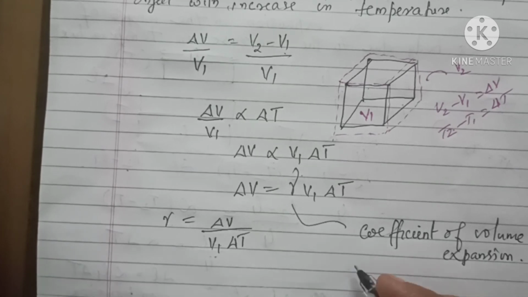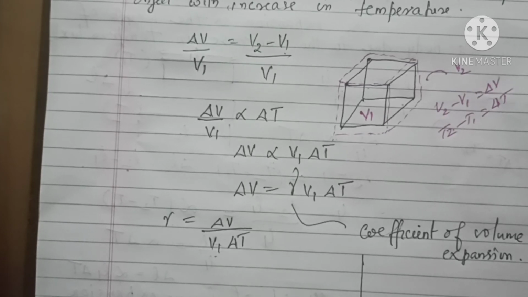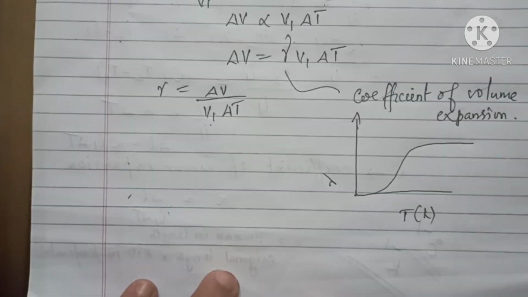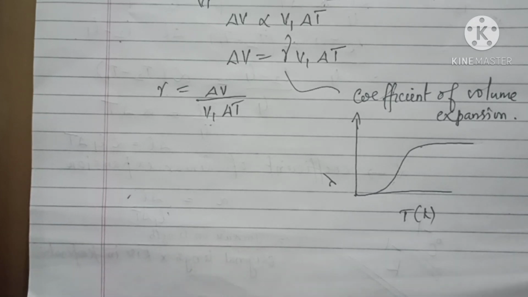Like this, if you are drawing a graph for temperature and this value, you can see that first its value increases like this and then it remains constant. Understood? So this is a graph between the coefficient of volume expansion and temperature. Clear for you? So these are the three types of thermal expansion.